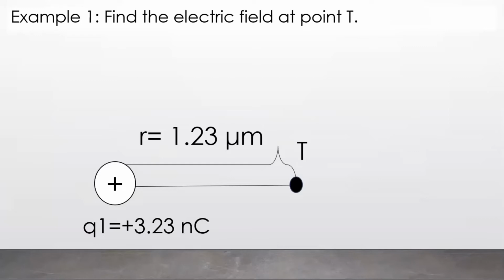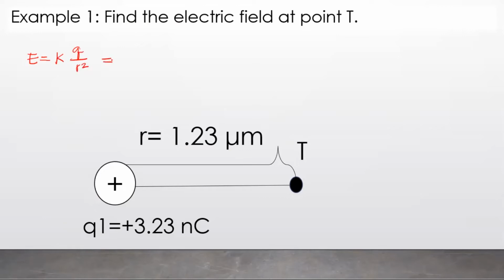Here we are asked to find the electric field at point P. Given that Q1 is equal to positive 3.23 nanocoulomb and the distance R from Q1 to point P is 1.23 micrometer, we are going to solve for the electric field using the formula E equals kQ over R squared.